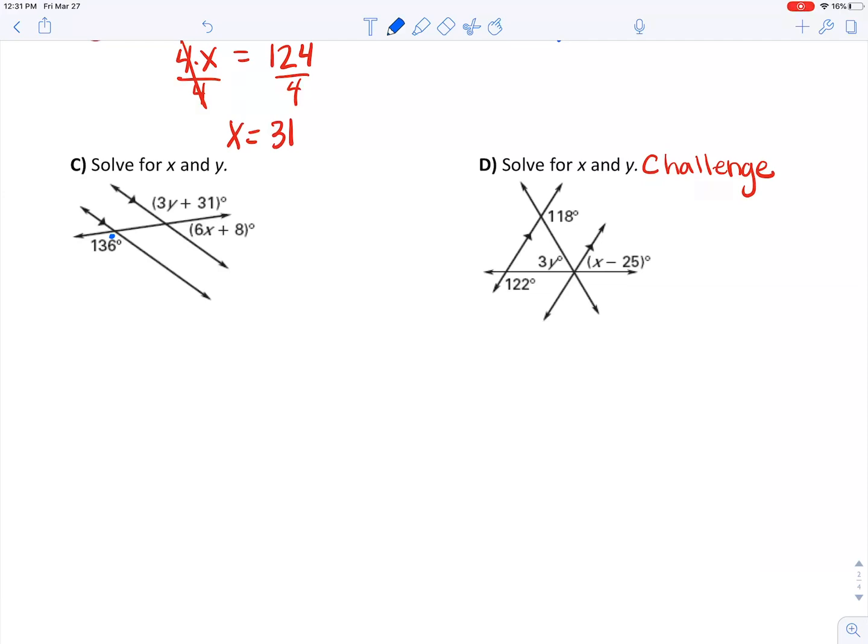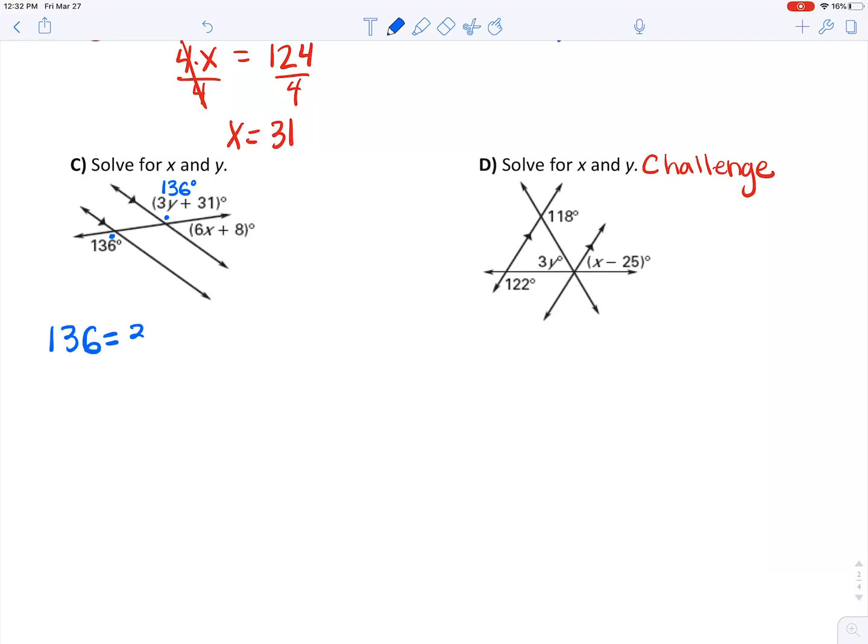So I'm going to look at that one, and I notice that 136 and 3y plus 31 are alternate exterior angles, which means that those two are equal. So I know that this thing up here is 136 degrees. Okay, cool. So now I should be able to solve for y.